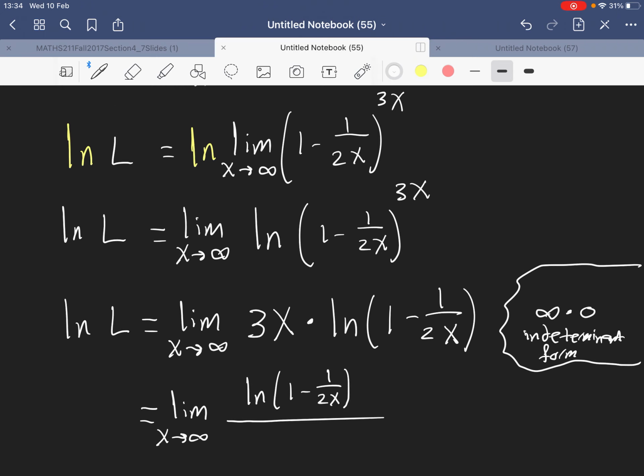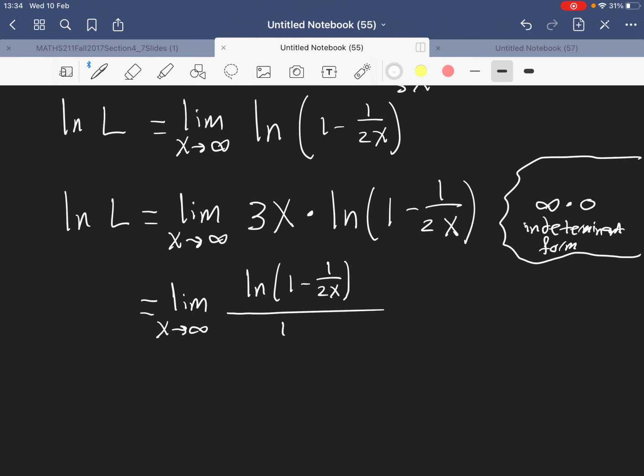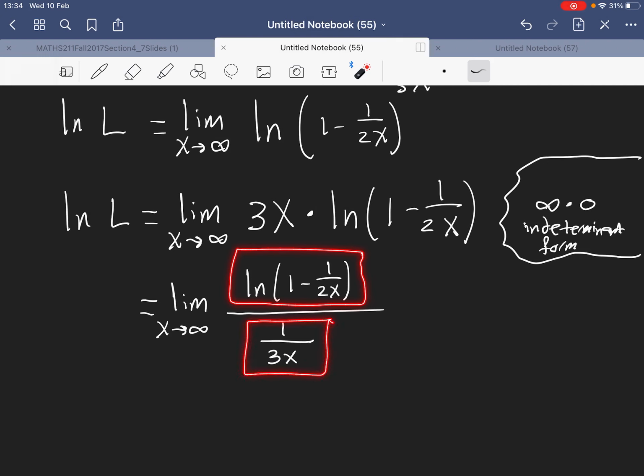In the bottom, I will write 1 over 3x. Remember, if we take 3x from the top and put it in the bottom, we have to write 1 over something. Now, this is the numerator, and this whole thing is the denominator. So now we can use L'Hopital, but let me check.